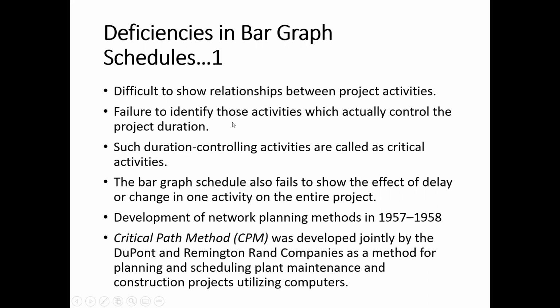So failure to identify those activities which actually control the duration. Bar graphs also cannot show those activities which drive the project. Although I will not say they cannot show it, we can show it. And Microsoft Project or Primavera P6 can also show it as well.